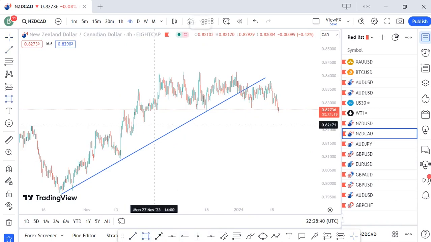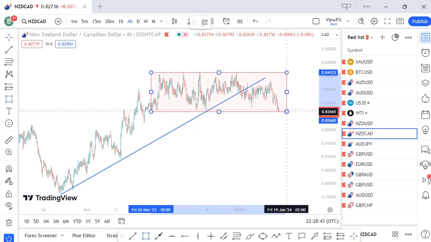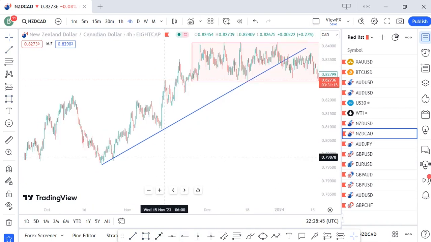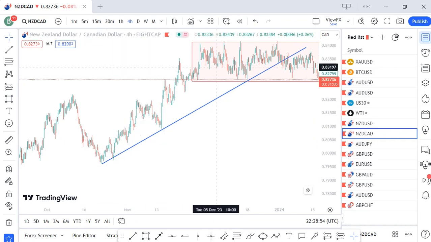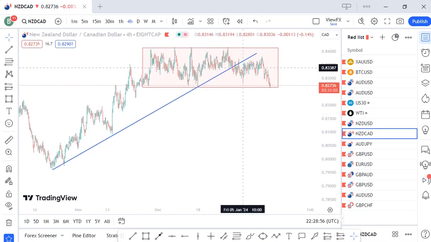What you can see here is a consolidation after a buy, and this buy started from October 2023. So the market is buying, and it just recently started this consolidation.